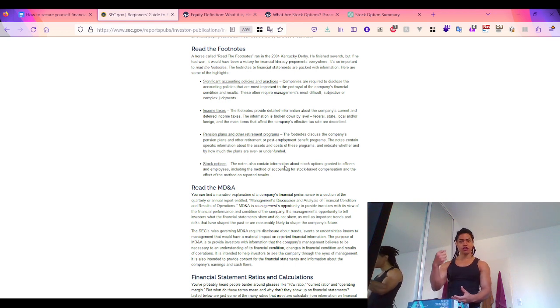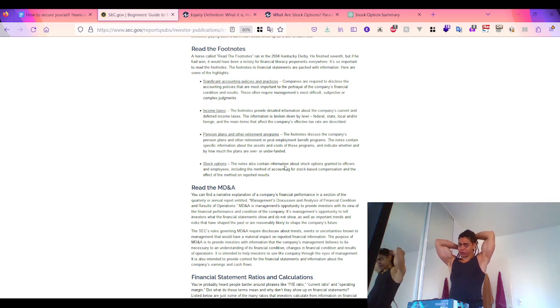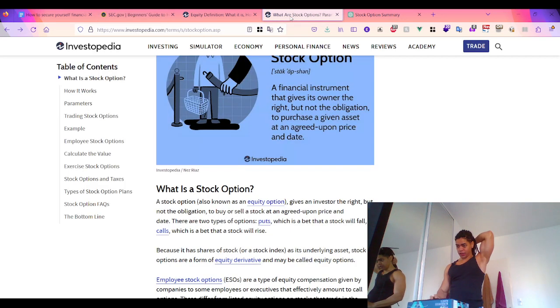And the stock option is the right but not the obligation for an owner to purchase a given asset at a particular price and time. So stock options, also known as equity options, and when we talk about equity, generally speaking, it refers to ownership after liabilities have been paid off.